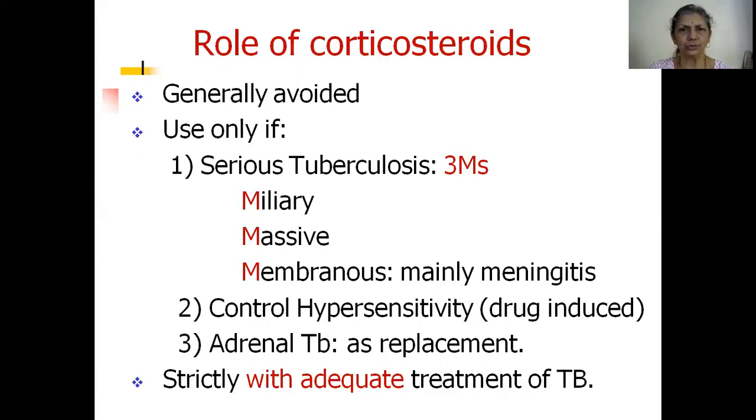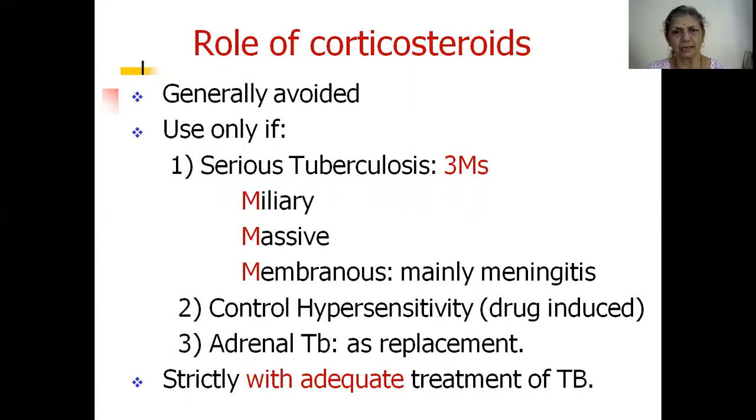Why? Because corticosteroids have two important actions, anti-inflammatory and immunosuppressant action. And this immunosuppressant action could be troublesome. Therefore, routinely, corticosteroids are to be avoided if a patient has tuberculosis.